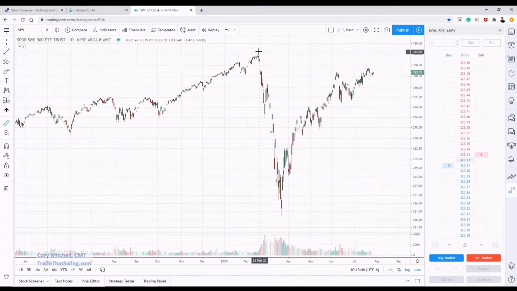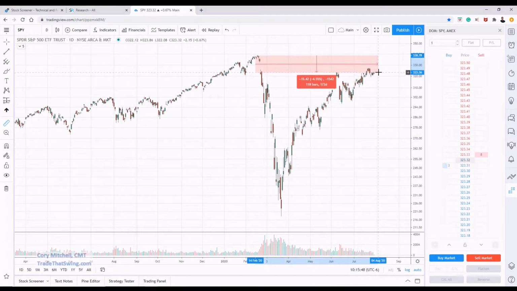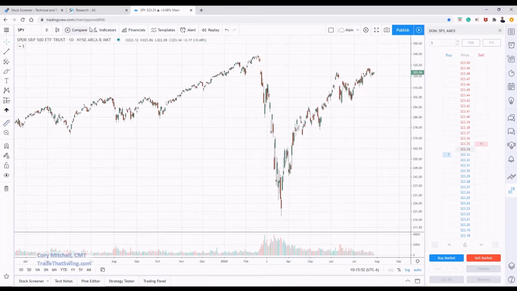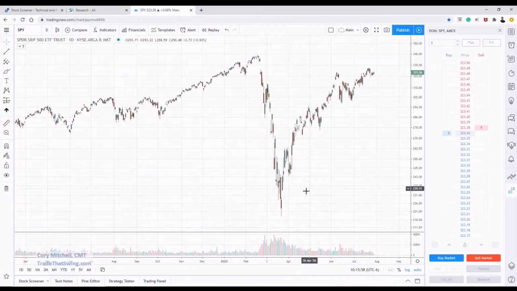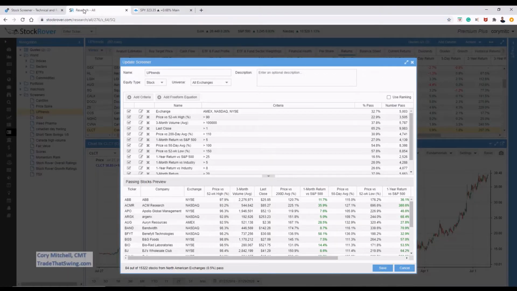And we're also a little bit below the prior high, so about 5% below the prior high. So those are kind of things we can keep in mind as we're looking through these stocks. We want stocks that are performing better than the S&P. Either we want them to have moved up more over the last 4 months, or we want them above this prior high. Either of those, or both, show us that the stock's stronger.